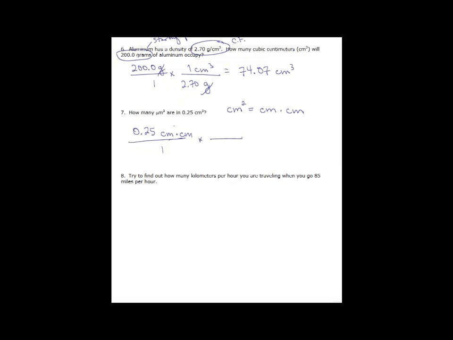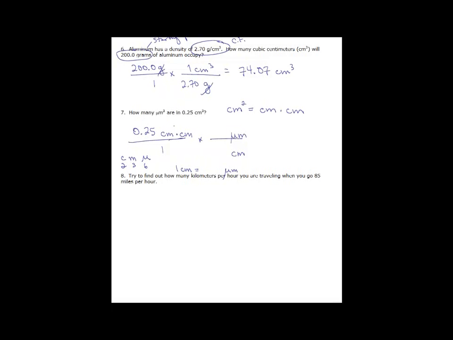Okay. Now I need to figure out my conversion factor for centimeters to micrometers. So 1 centimeter is how many micrometers? I'm just going to do an abbreviated ladder. So we have centi, which is 2, milli, which is 3, micro, which is 6.